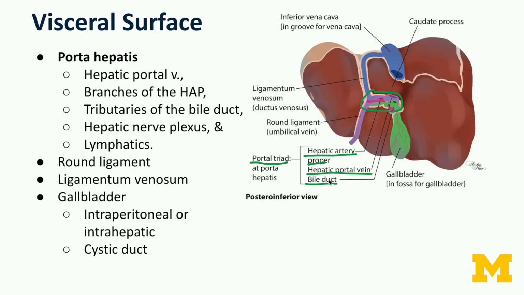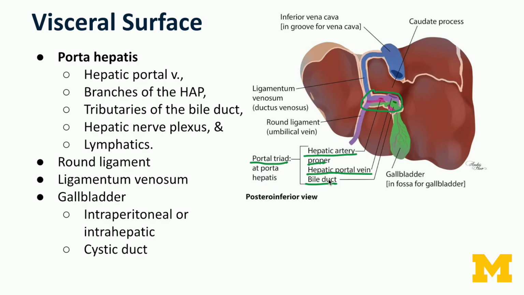Joining that will be the hepatic nerve plexus, so that's the autonomic plexus that comes from both the anterior vagal trunk as well as some thoracic splanchnic branches as well, and lymphatics, because anytime we have vasculature, we also have lymphatics as well.